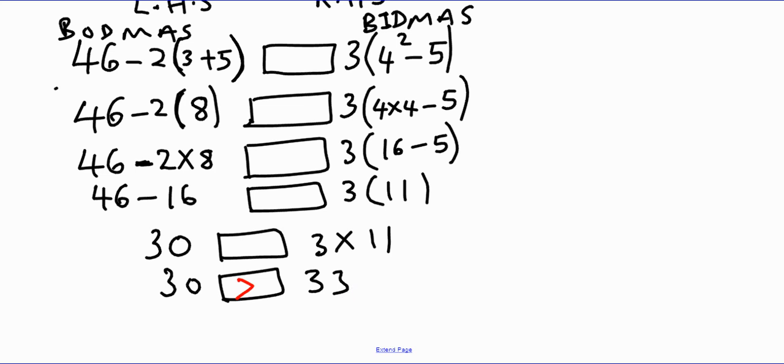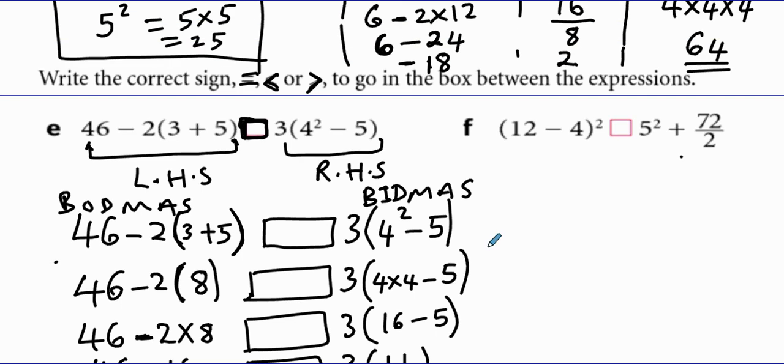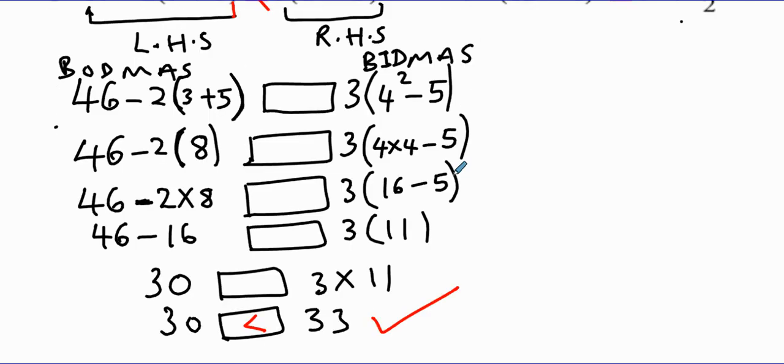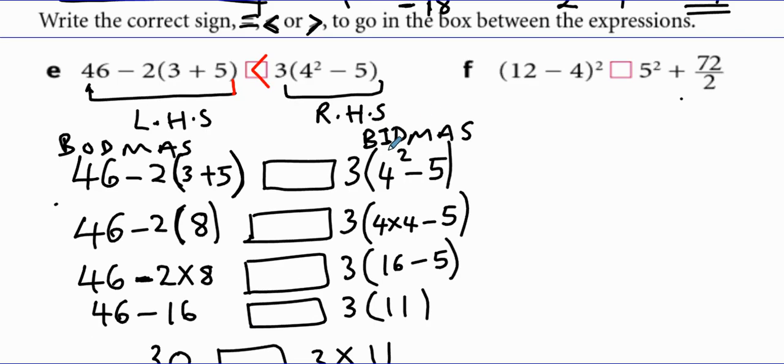The answer is no. What will you say? You're going to say 30 is less than 33. That is your final answer. So the symbol which you'll be putting over here after all those calculations is this: the left hand side is less than the right hand side. See that? Cool, yeah? Good.